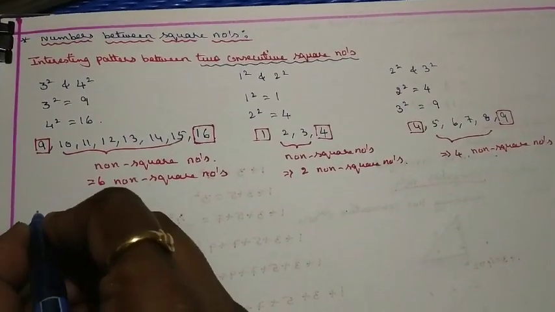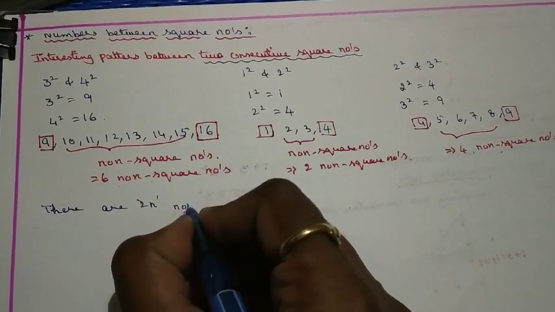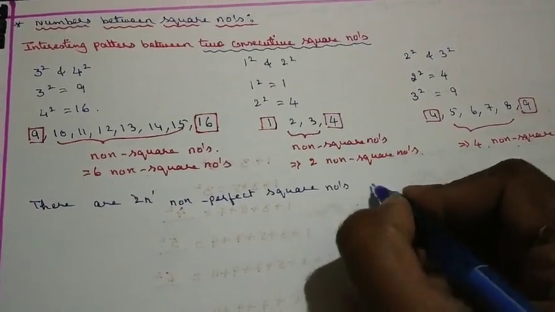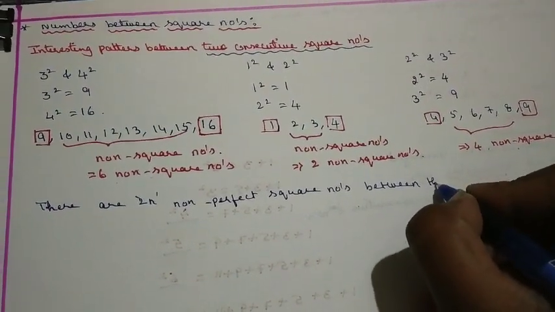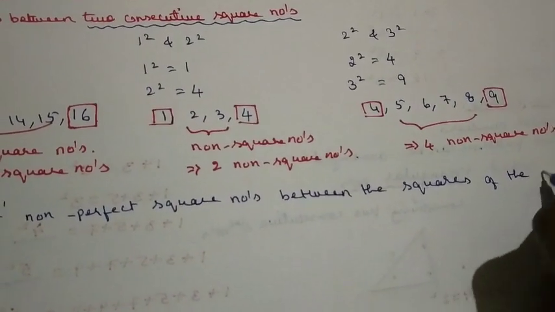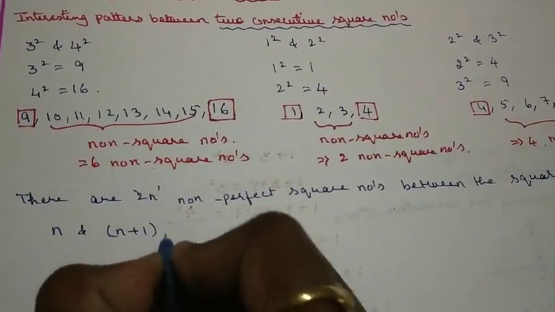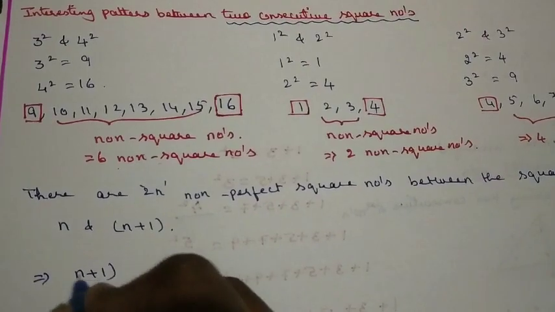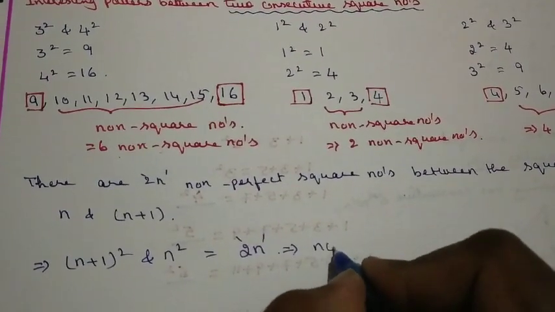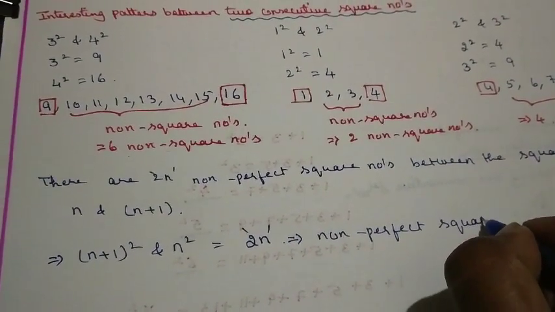So we can give the conclusion that there are 2n non-perfect square numbers between the squares of the numbers n and n plus 1. Keep in mind it should be in the form of squares: between n square and n plus 1 square, we have 2n non-perfect square numbers.